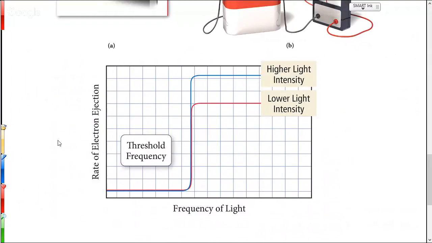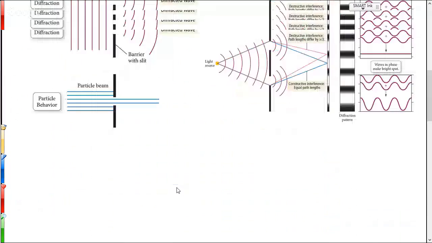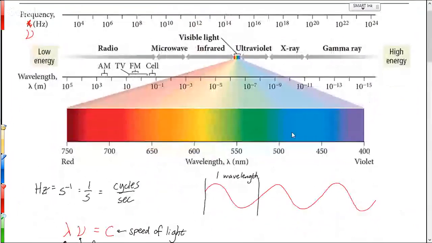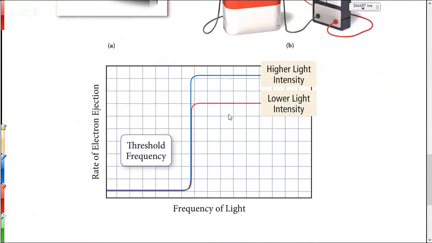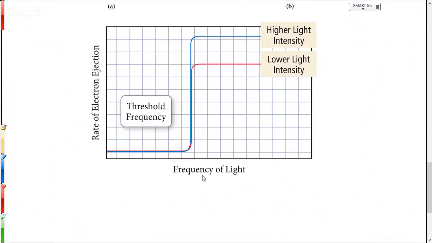So we've got frequency of light, and rate of electron ejection, like how many electrons are being ejected. There are no numbers here, but let's just throw some in. Blue light has higher energy than red light, right? So you separate your light using a prism, and you shoot red light at your metal. Let's say red light is down here, and blue light is up here. You shoot your red light at the metal to eject the electrons, but nothing happens.